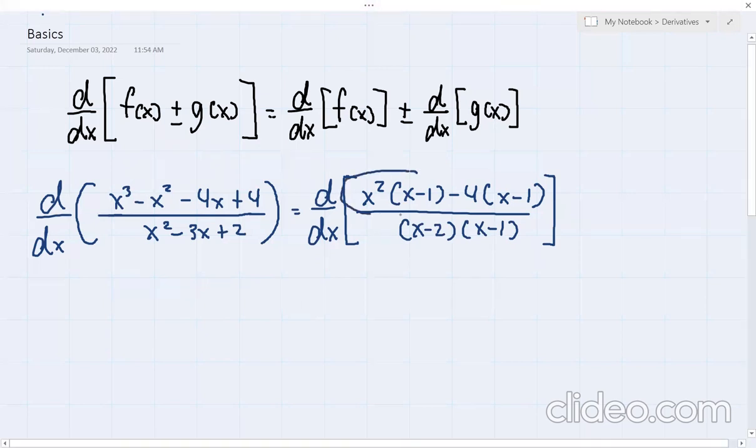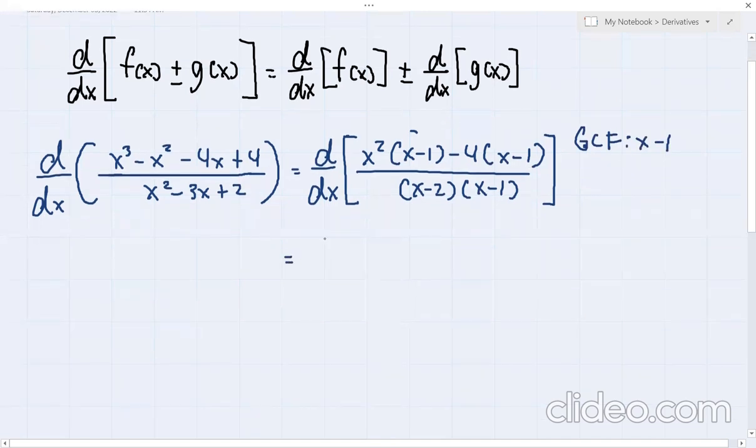As you can see, x squared times quantity x minus 1 and negative 4 times quantity x minus 1, both of them are divisible by x minus 1. Kumbaga, both of them have x minus 1, and that is their greatest common factor, or GCF, which is x minus 1.